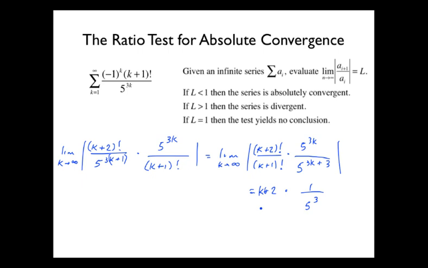And then we're going to take the limit as k gets large. So the limit as k gets big of k plus 2 times 1 over 5 cubed. What's the limit of that? That gets big, right? So k plus 2, this is just going to be 1 over 125, doesn't matter, but k plus 2 is going to get big. And that's certainly greater than 1.